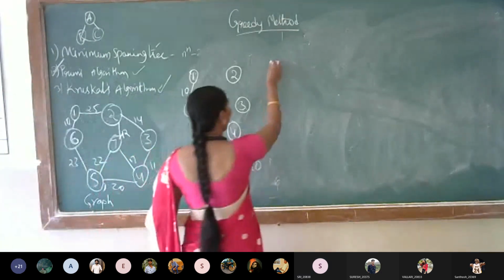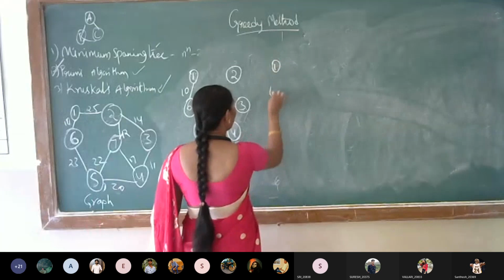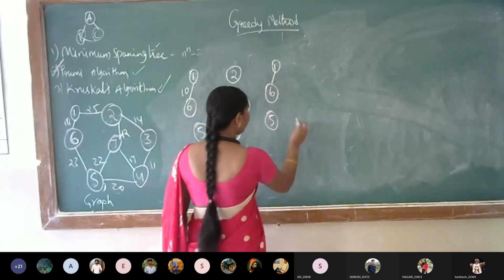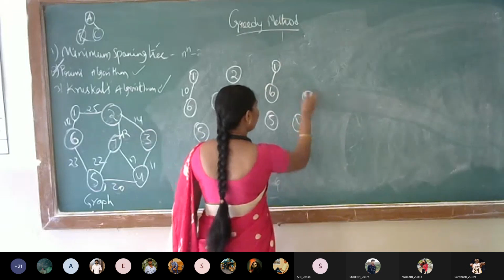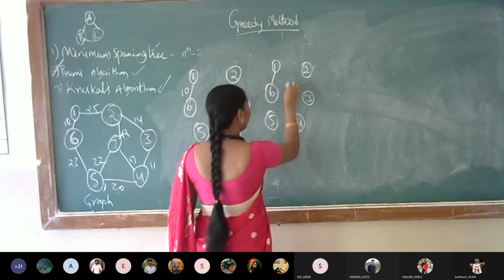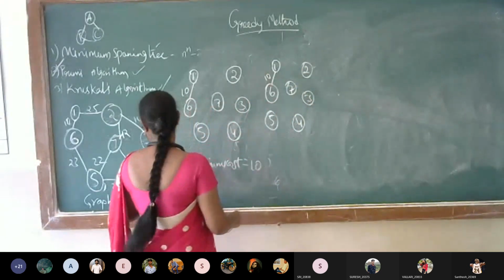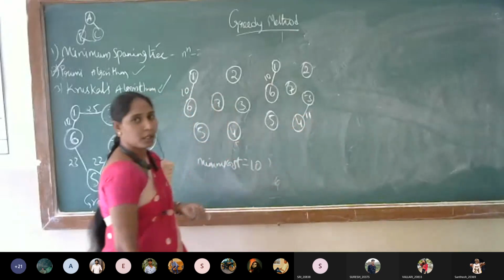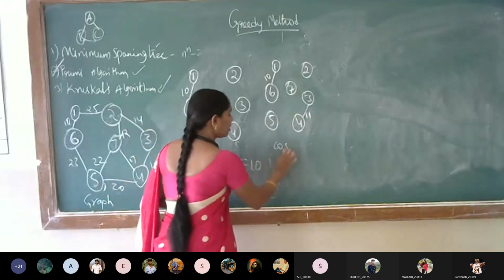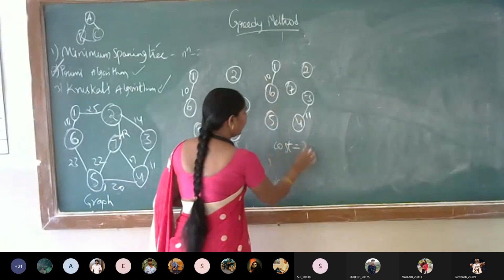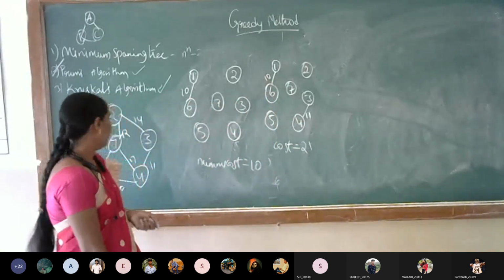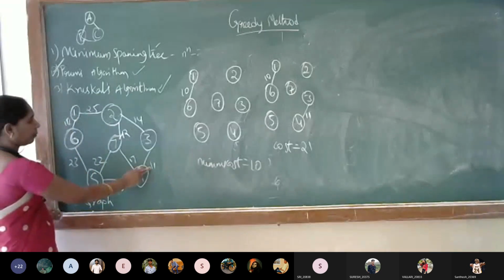So we'll be drawing the next graph as 1, 6, 5, 4, 3, 2 and 7. Okay, so 10. Then next we are having 3 to 4, 11. So what is the cost I am taking here? Cost is equal to 21. 10 plus 11 means 21. So 10 and 11 are completed.